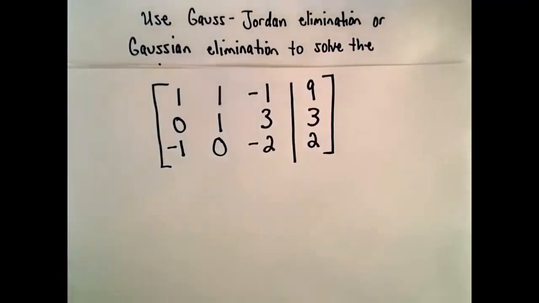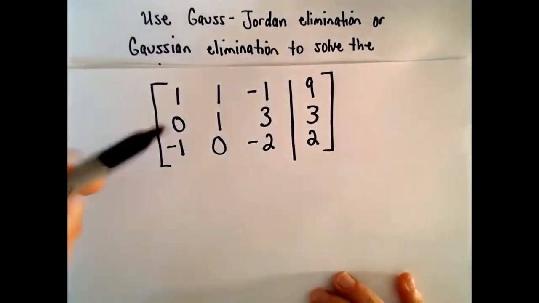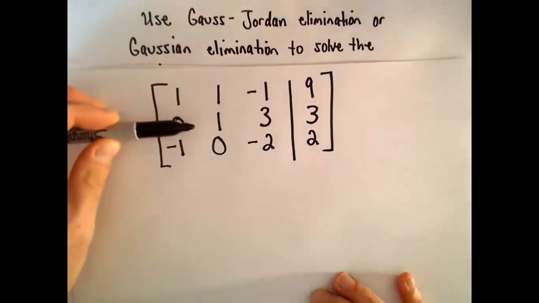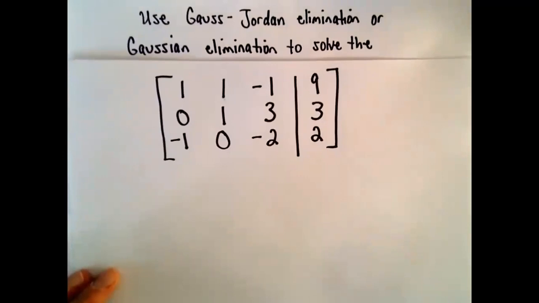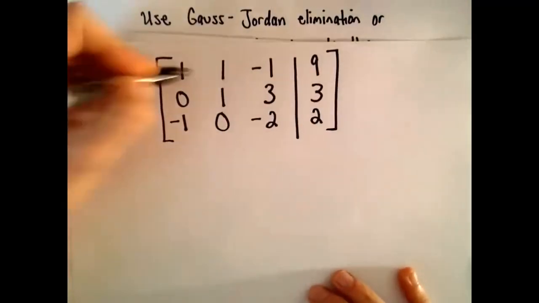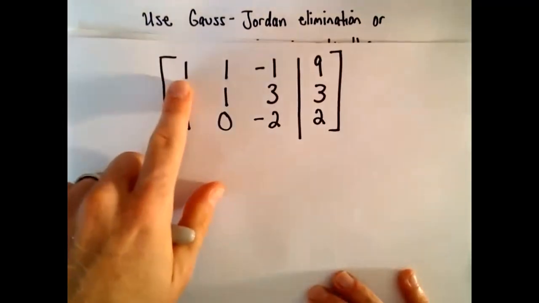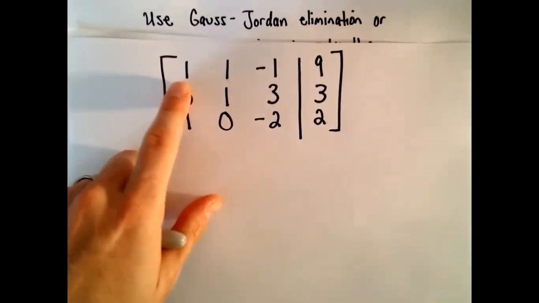Our goal in this case is to write this in row echelon form. The idea is to write the matrix in triangular form, where the leading coefficient in each row is equal to 1. I look at my first row. I want the first non-zero entry in the first row to be a 1, and here we've got a positive 1.